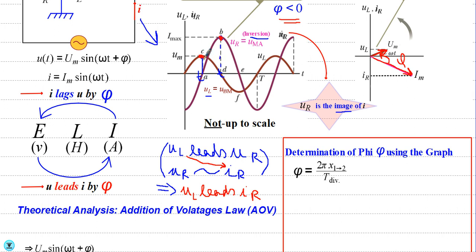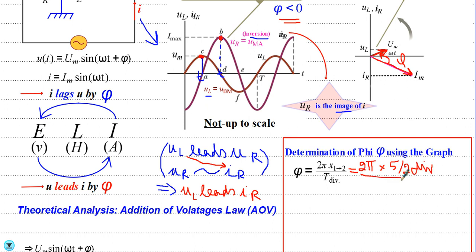So it is the maximum voltage of the coil. The first one is C, and the consecutive one is the maximum voltage of U of R. So the distance here is given to be 5 over 2. So 2 pi times 2.5, which is 5 over 2, divisions.